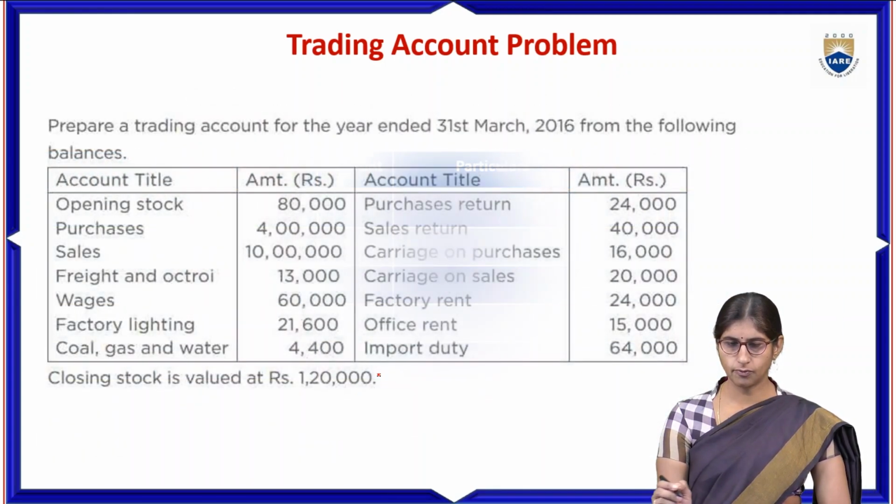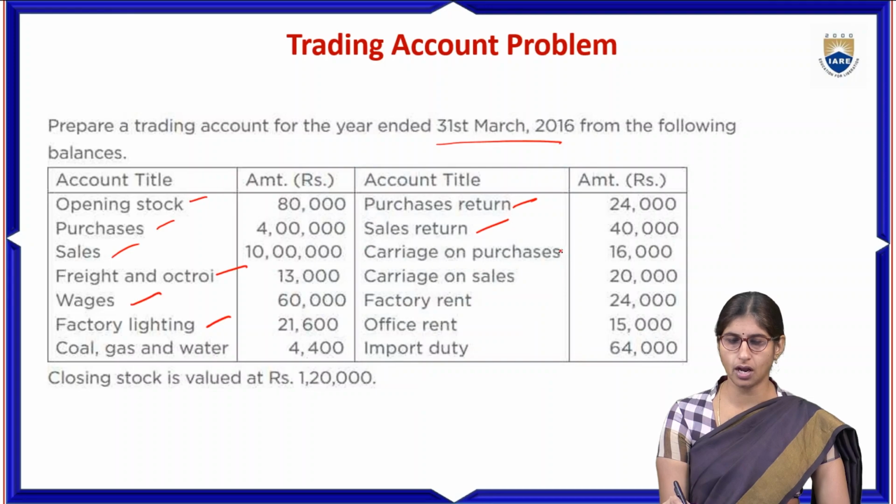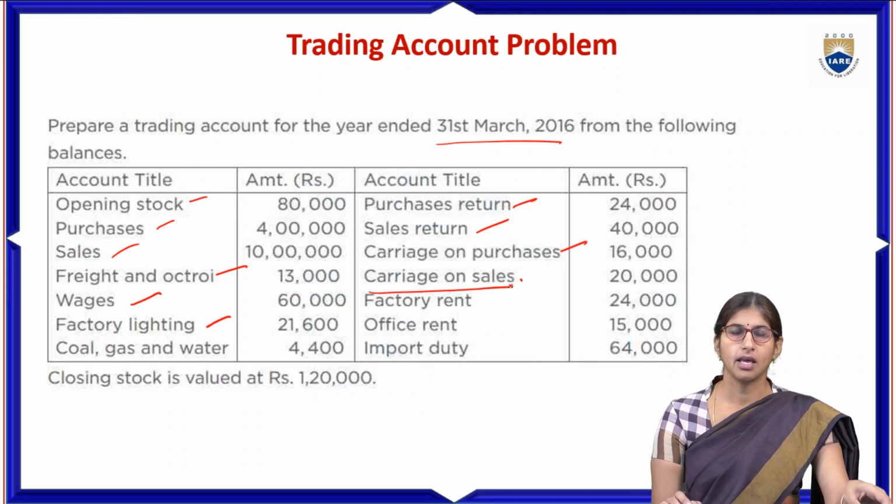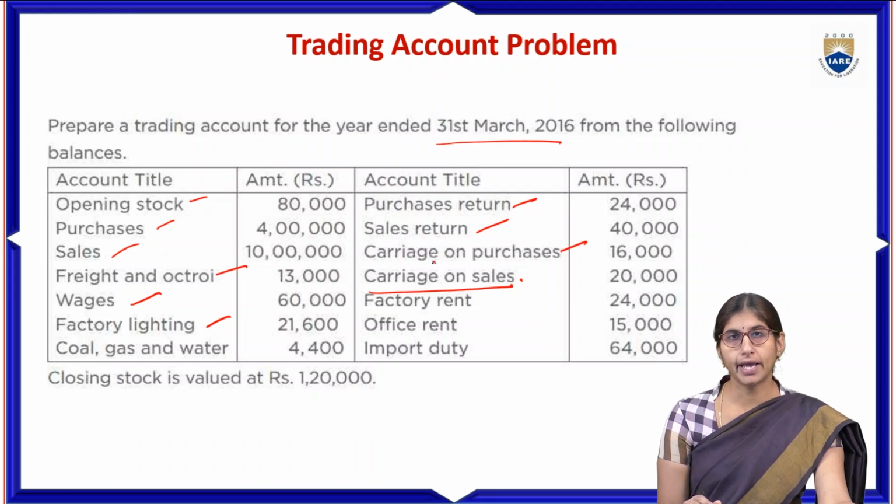So here we also have carriage outward, that is carriage on sales. If carriage on purchase and carriage on sales both are given to us, we are not supposed to write both in the trading account.